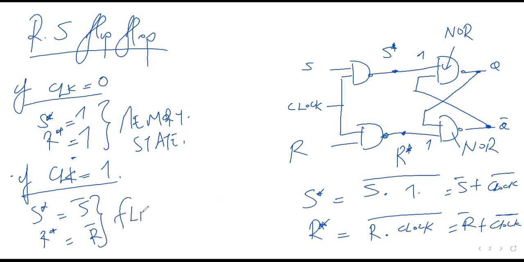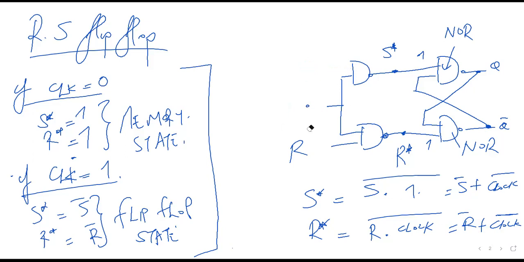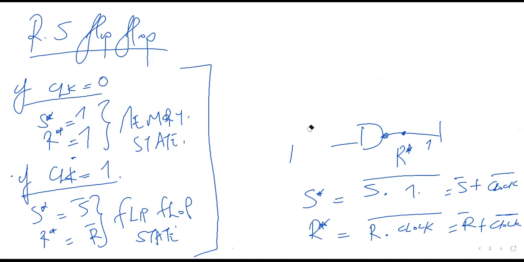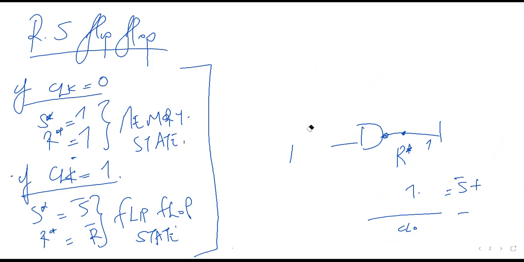Let's call this the flip-flop state. I will explain this with the truth table. Let's put out the truth table here. The truth table for the SR flip-flop, I mean.